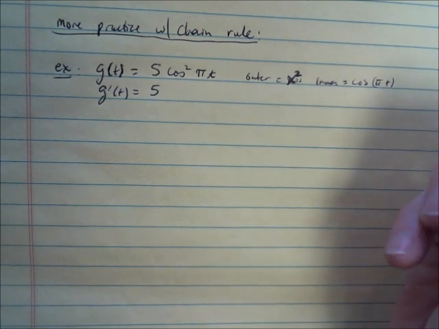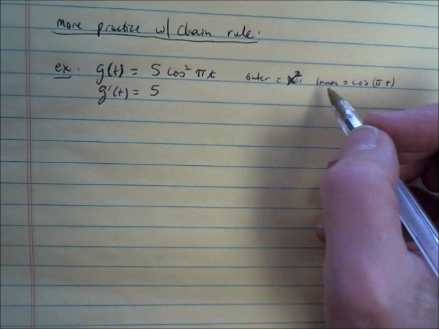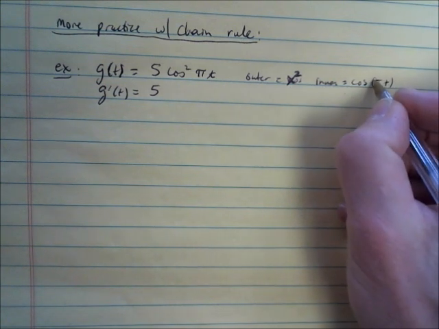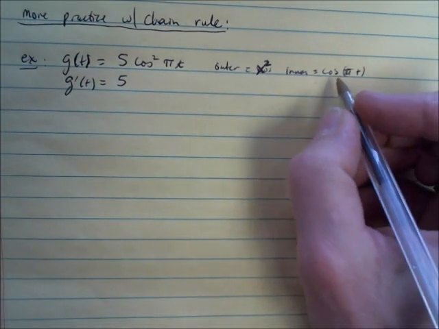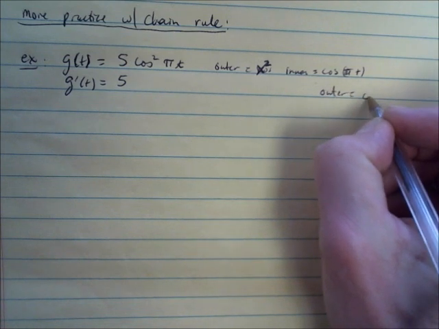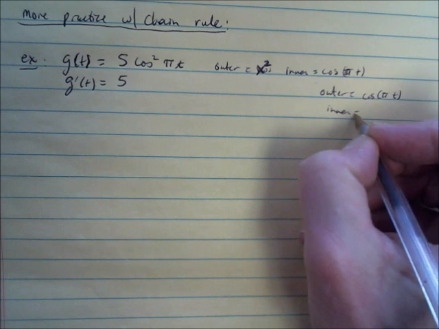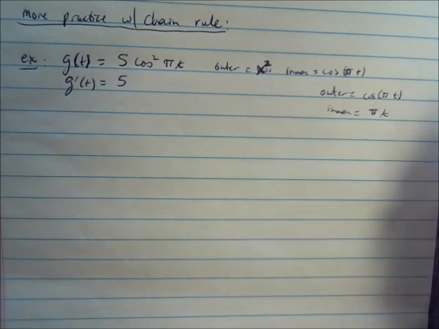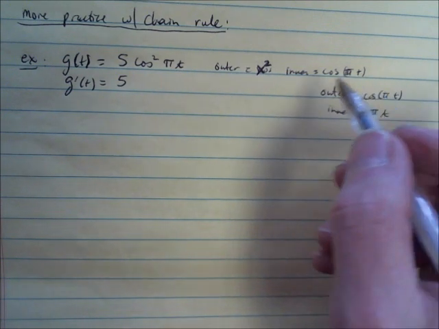So what we really have here is another double chain rule, because when we find the derivative of the cosine of pi t, we have the outer function being cosine, and the inner function being pi times t. Remember, pi is just a constant. It would be like the cosine of 3t, for example.